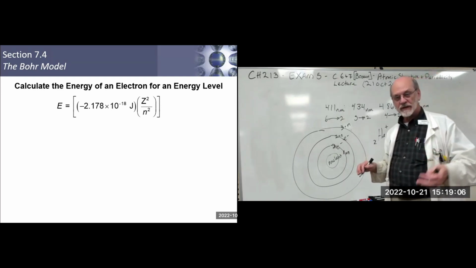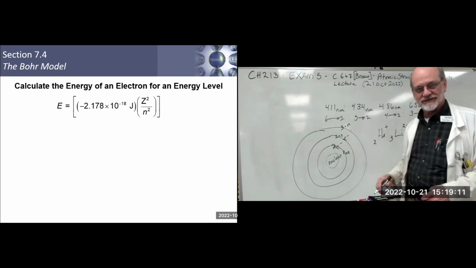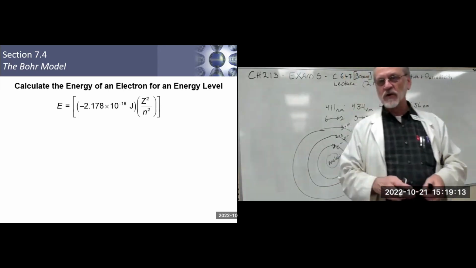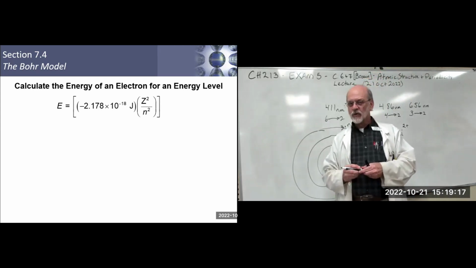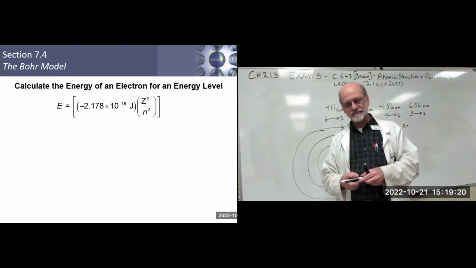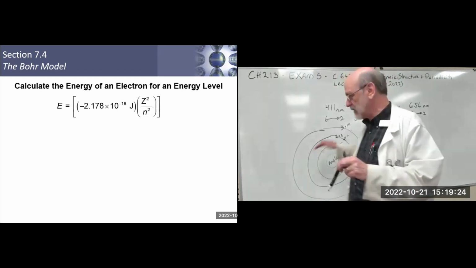So you get my drift. The higher you go, the more electrons you have to remove before you can use this equation. That was one of the shortcomings of the equation, it didn't work very well for anything but hydrogen. But that would tell you the energy at that level.